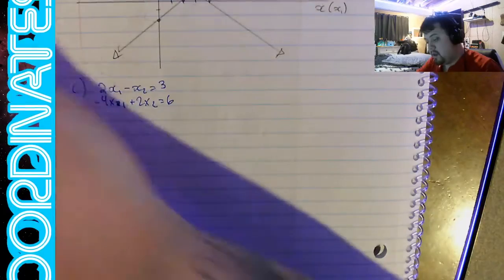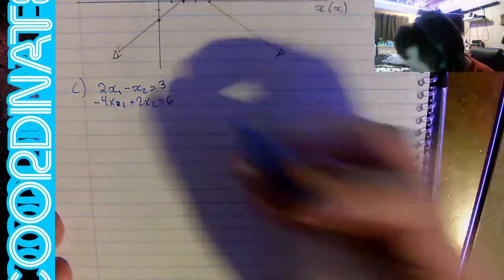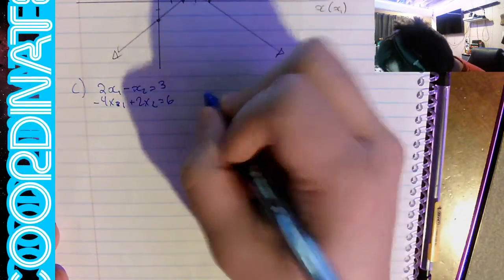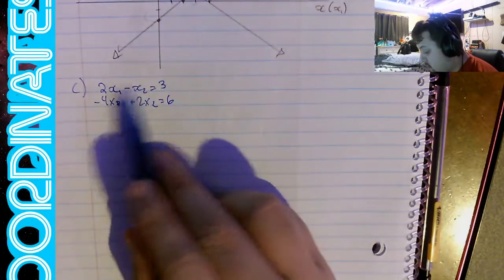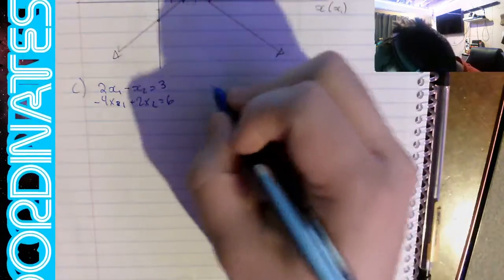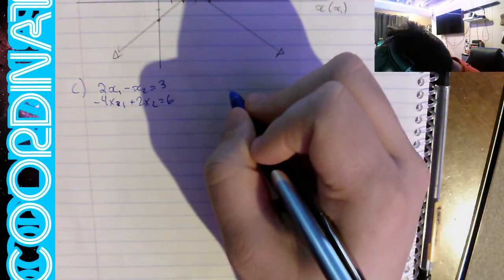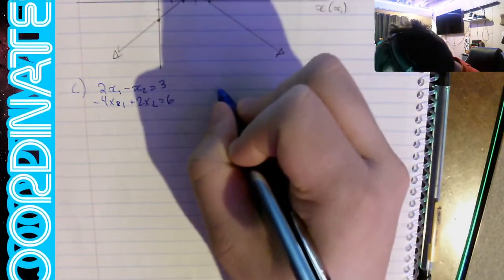Okay. Again, we're going to put this in y equals mx plus b form. You could actually take either one of these and make them y, but it's whatever. This time I'm going to make x2 y again.